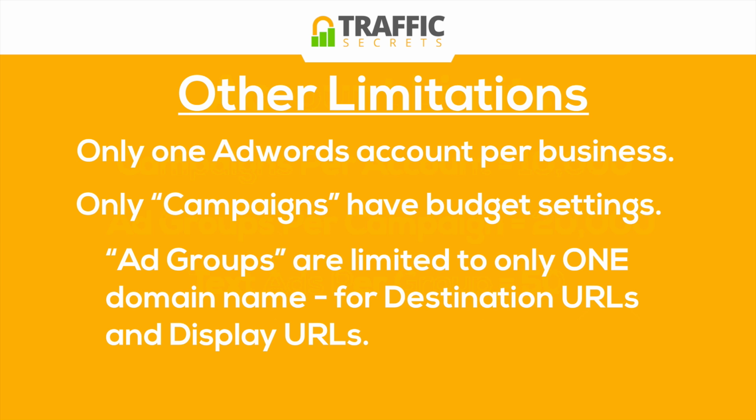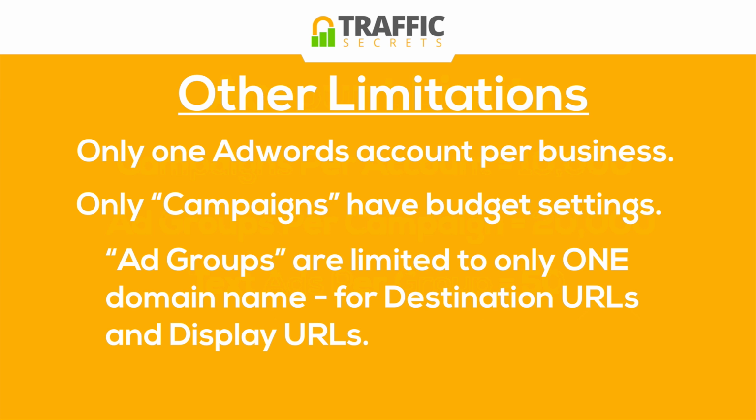Now, only campaigns at the campaign level have actual budget settings. When we get into more strategy about campaigns, I'll explain some things, and that budget settings thing is very important. In your AdWords account, you can set a daily budget, let's say $500 that you want to spend.